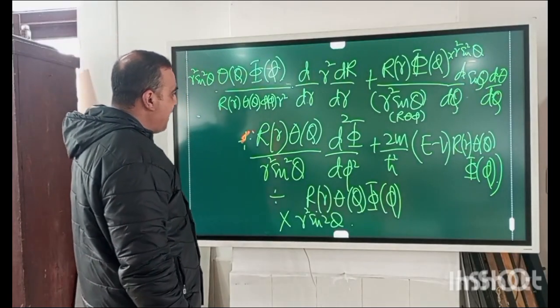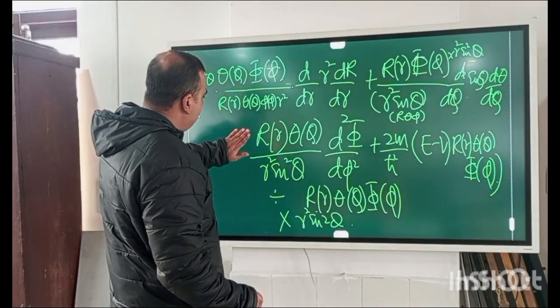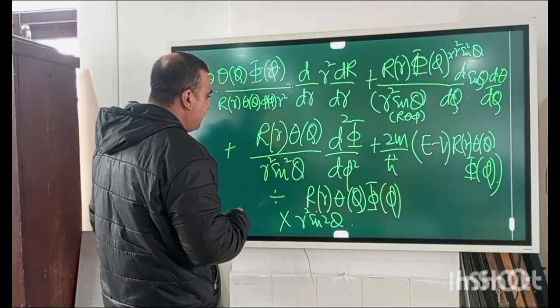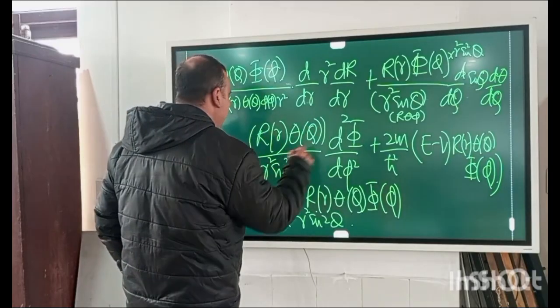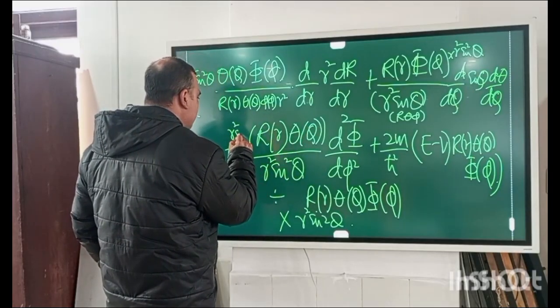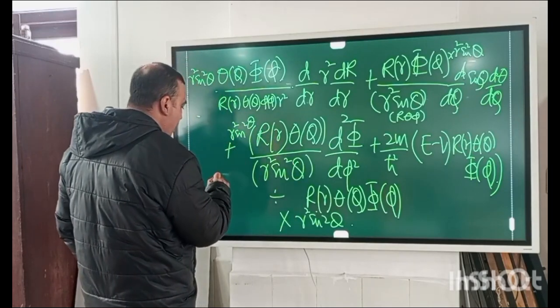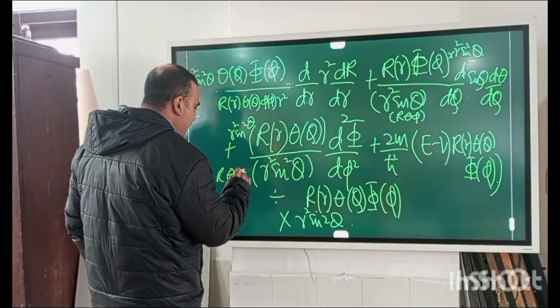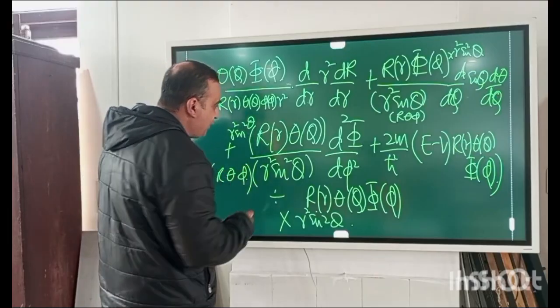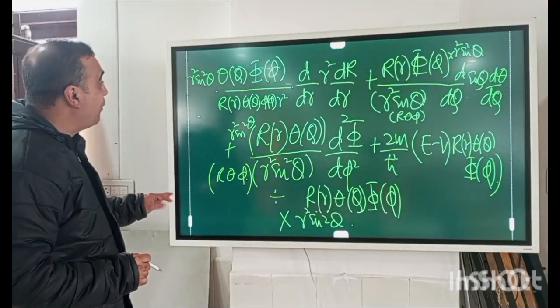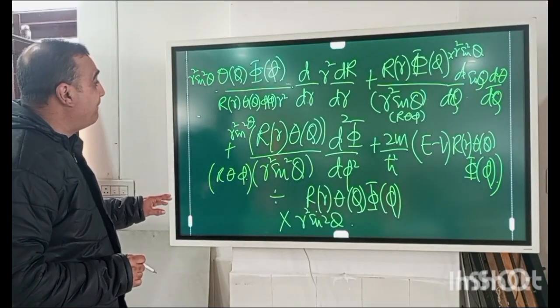Here I will write this plus. Here you are multiplying by r square sine square theta, and in the denominator you will have r, theta, and phi. I'm trying to write it in short form so that I can accommodate all of these symbols.